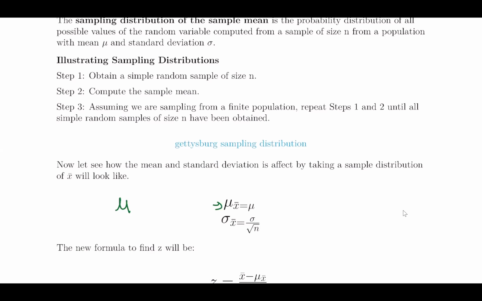But if you look at sigma of the child distribution, or sigma of x bar, the standard deviation is going to change.